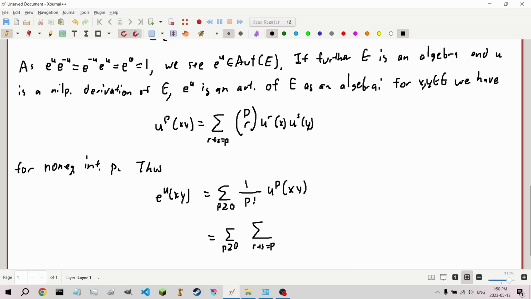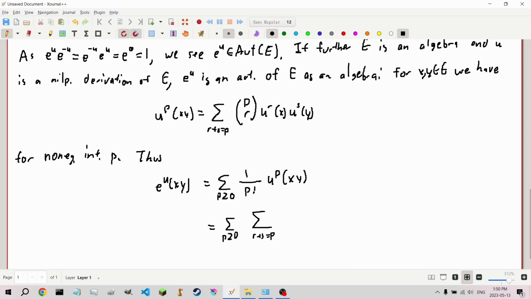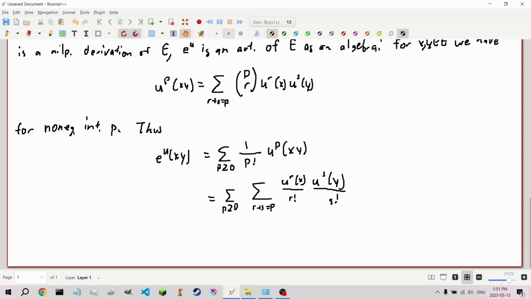So this first one is the definition of e to the u, the second one is the u to the p, so this gives us, of course, u to the r of x over r factorial times u to the s of y over s factorial, which is equal to the sum of r and s, both from 0 to infinity, of, that's just changing the summations, the actual term inside is unchanged.